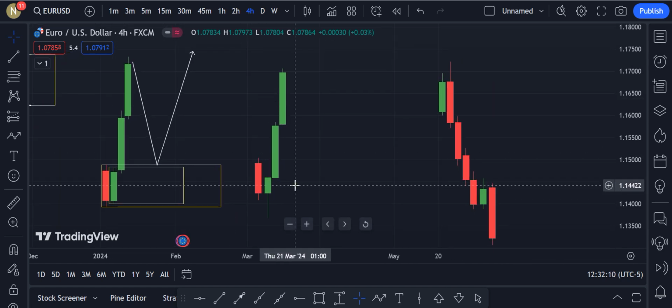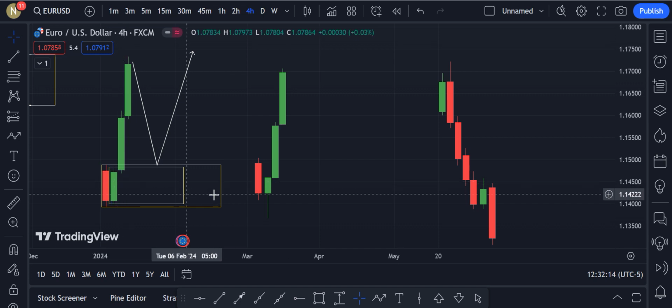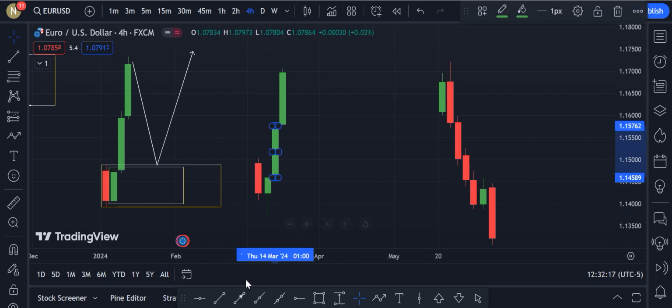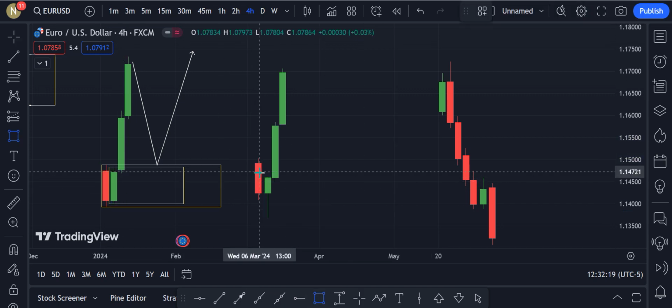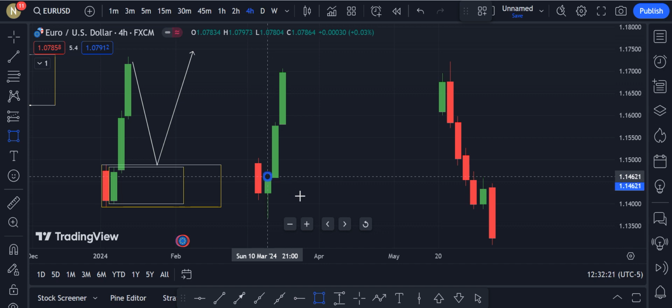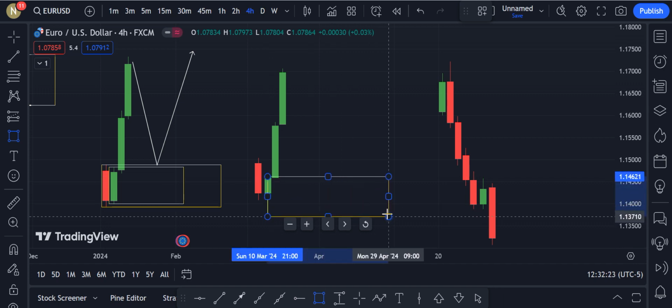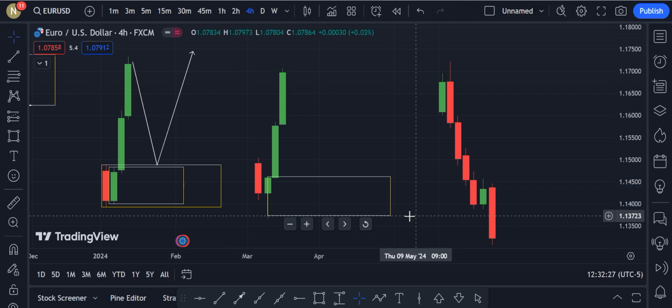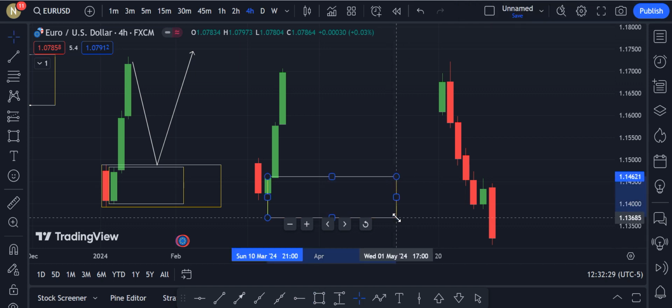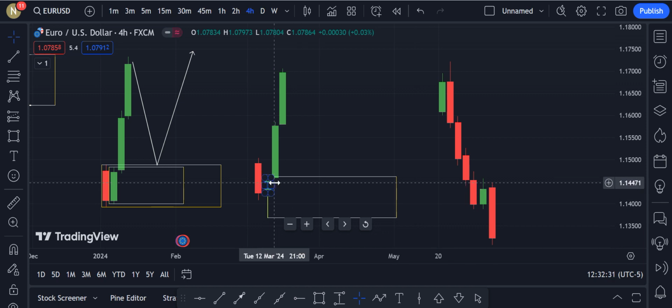Let's come here. Now, for this case, if you compare it with this one, it is very clear that this is the last selling candle, this one, before the market changed direction to go up. It grabbed liquidity.